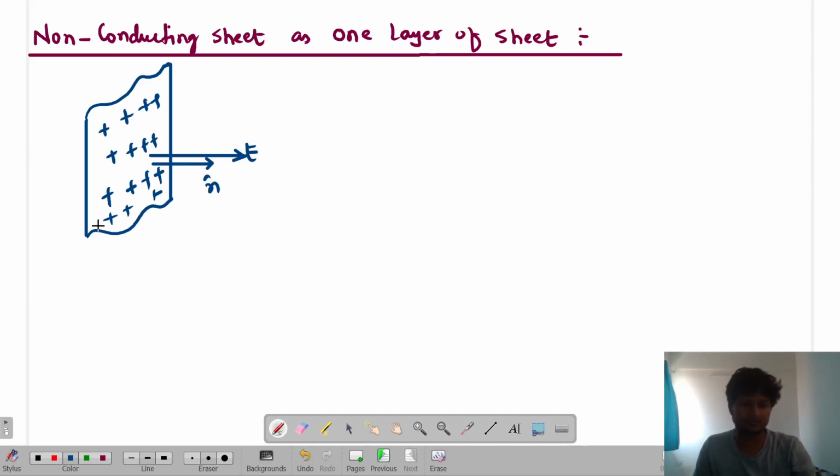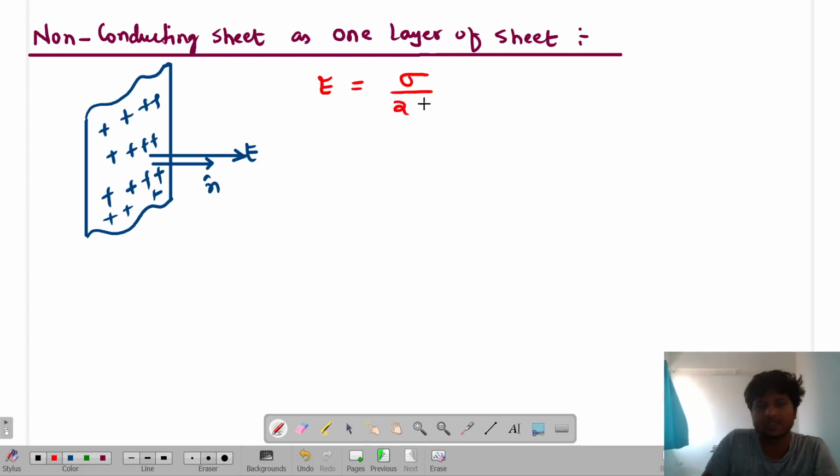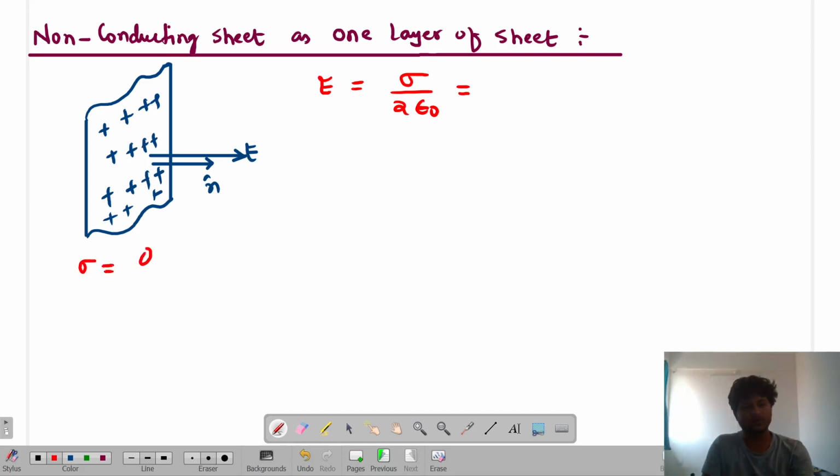Are you able to get me? So E is equal to, at that time, sigma by 2 epsilon naught. But once again, this time the charge is distributed all over the surface area, not on two surface areas. Yes? So Q by 2A epsilon naught.